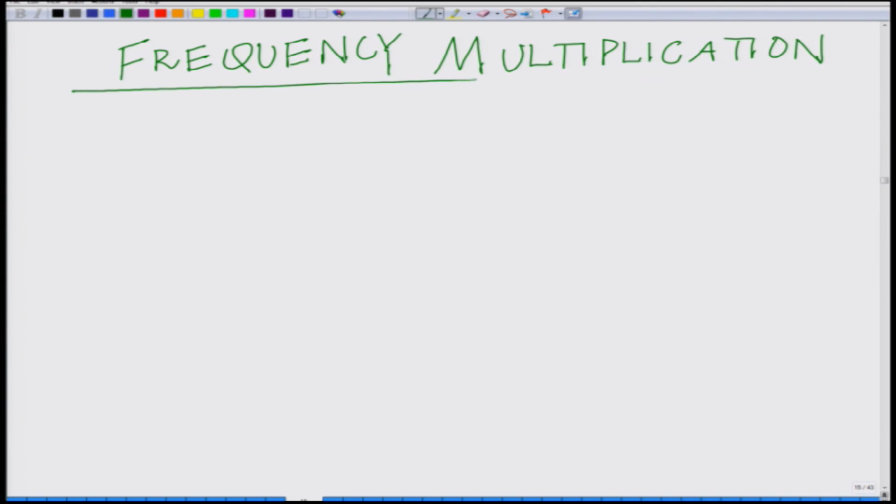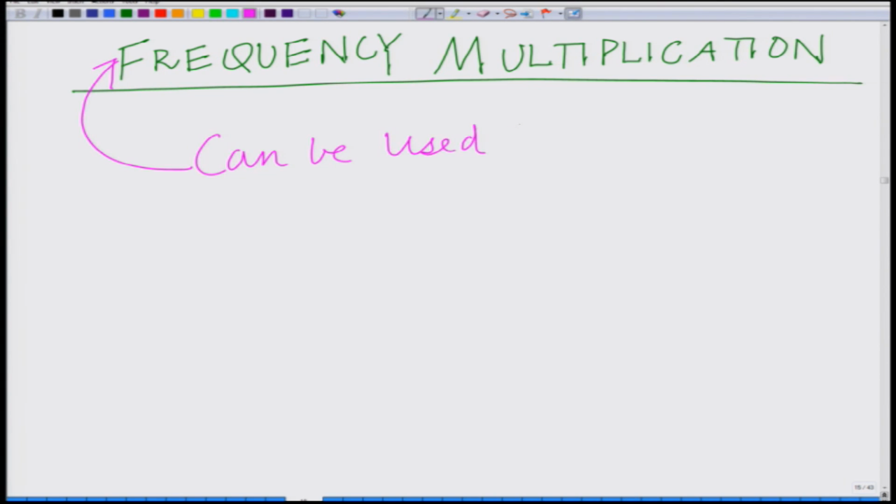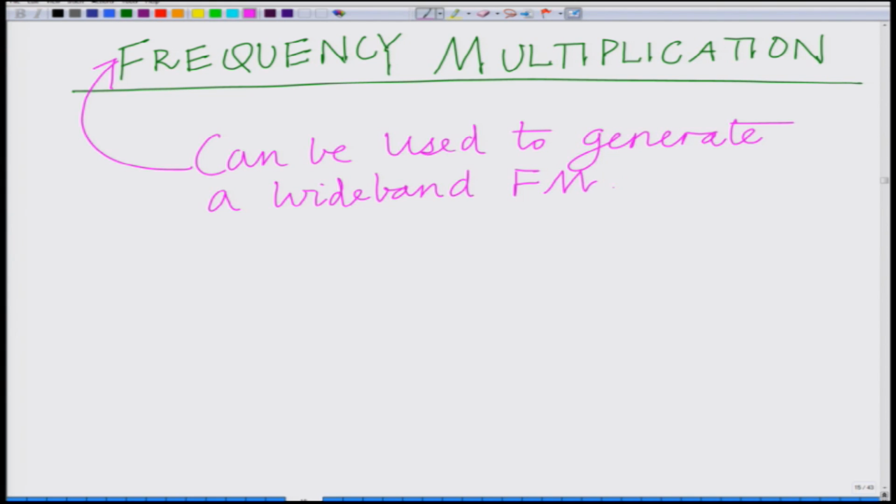So, frequency multiplication can be used to generate a wide band signal.